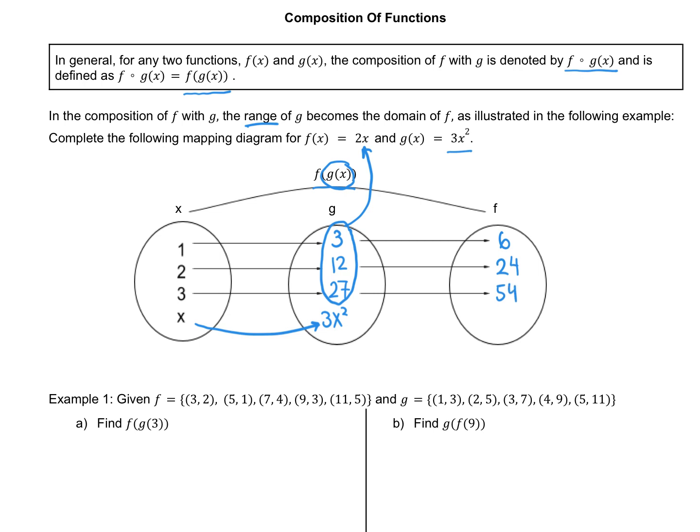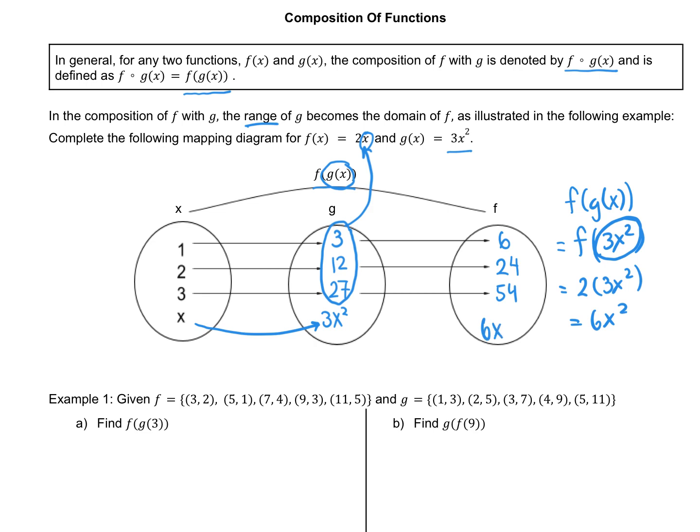So what did I actually do? When we did f of g of x, again using my regular knowledge of function notation, I'm taking f at g of x, and g of x is 3x squared. This function notation tells me to replace x in f of x with 3x squared. So instead of 2x, I'd be writing 2 times 3x squared, which is 6x squared.